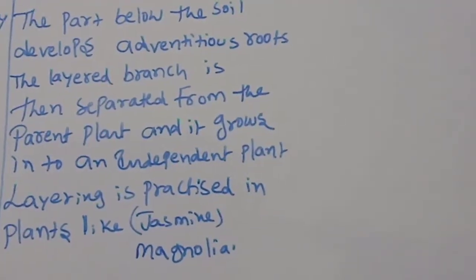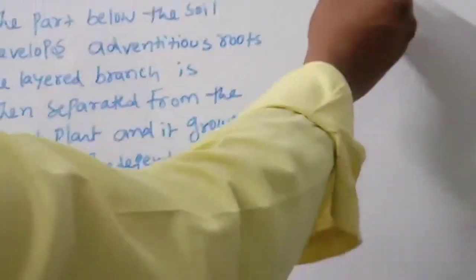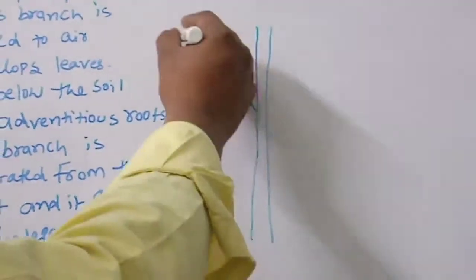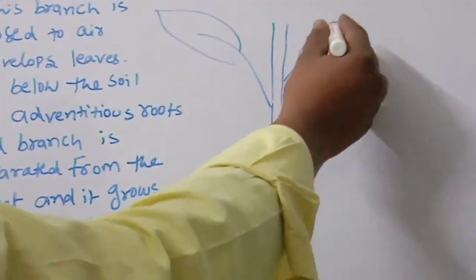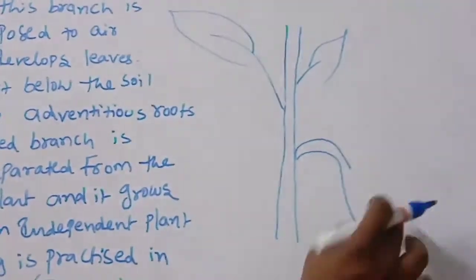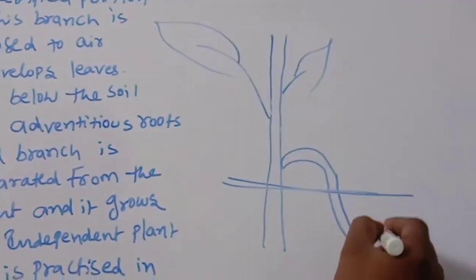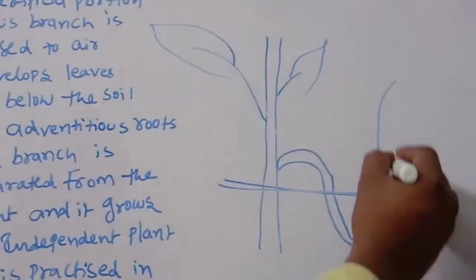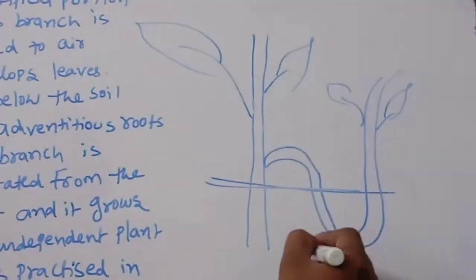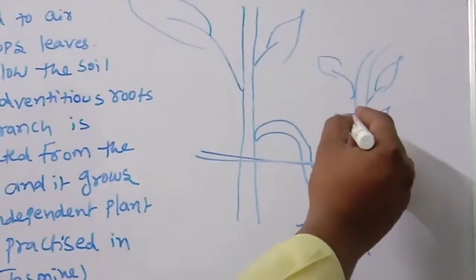Okay, children, this is important. So here see the diagram. This is a picture, right? So the branch will be like this, and this particular part of the branch shows the roots like this.